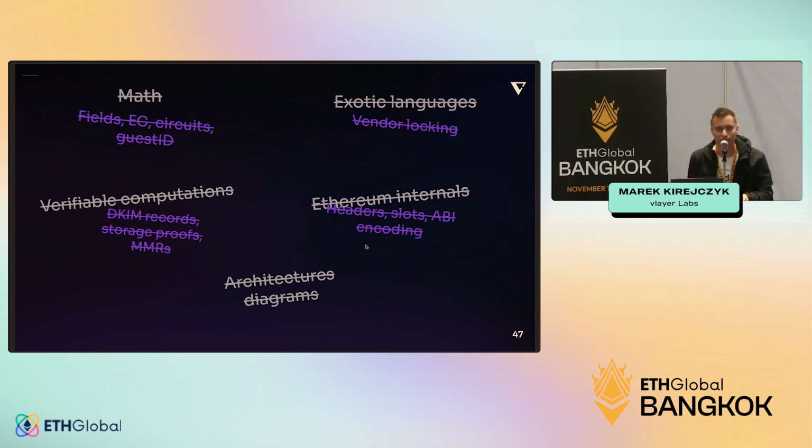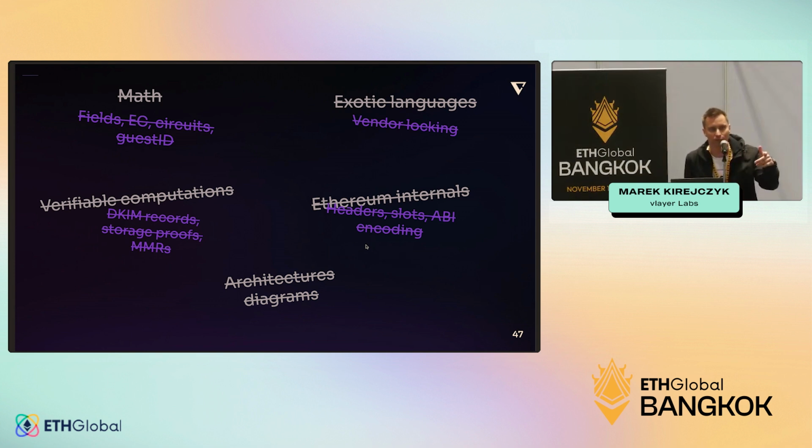You don't need to know what prime fields and elliptic curves are. You don't need to learn new languages, or what circuits are, or what gas IDs are, and all that stuff. You don't need to know what DKIM records are. You don't need to know what storage proofs and Merkle mountain ranges are. You don't even need to deeply understand how Ethereum works, what the headers are, or how slot calculations work.